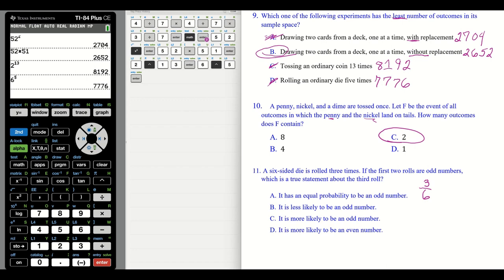It could be 3 odd or even 3 even also. So I disagree with that. It has more likely to be an odd number. No, it doesn't change. It'll be the same. It is more likely to be an even. Well, no, that's not true either because there's 3 even, 2, 4, 6. So A is our conclusion.